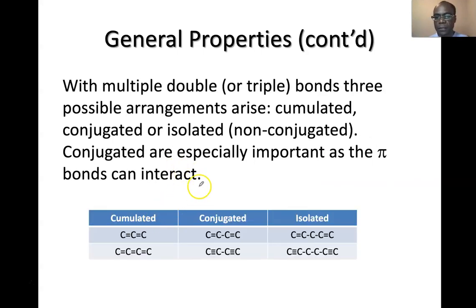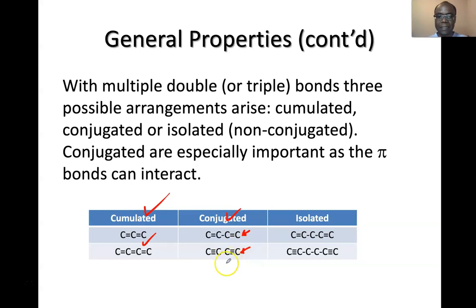So the double bonds can be arranged in different patterns in a structure. If the double bonds are next to each other, connected, that's cumulated. If they are alternating with a single bond, then that's conjugated. You have a conjugated diene, and you have a conjugated diyne, because you have two alkynes.